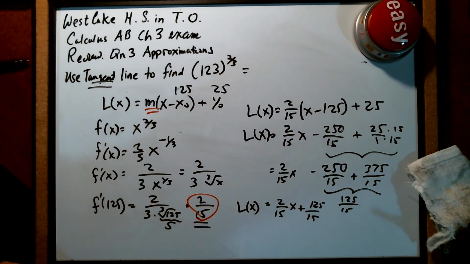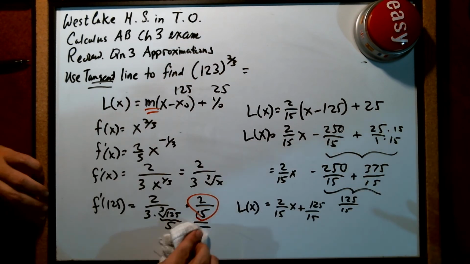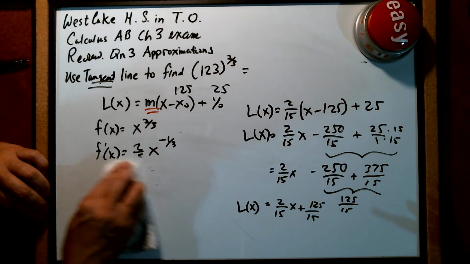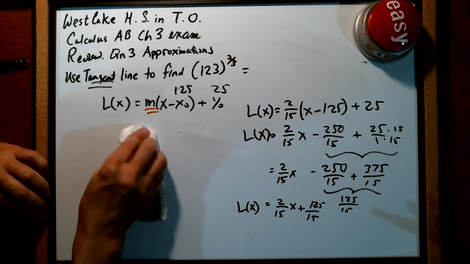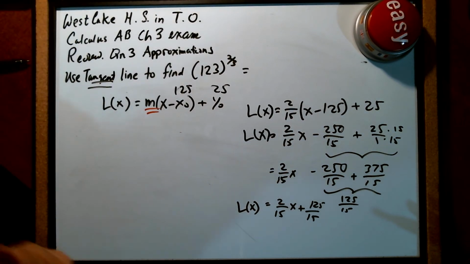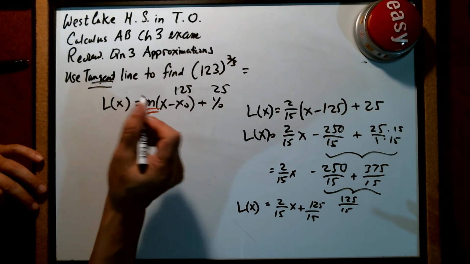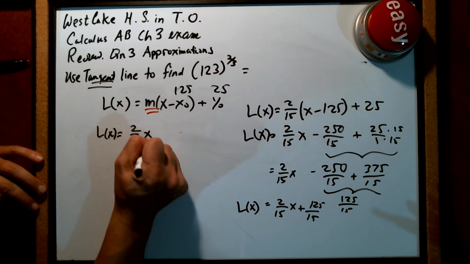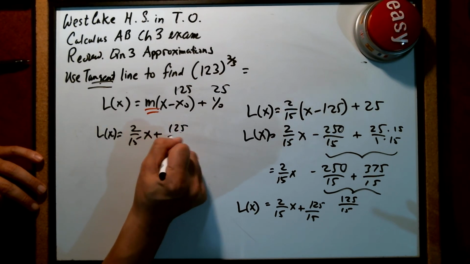I'm going to need a little more space. I'm going to put my values in now. L of x is equal to 2/15 x plus 125 over 15.